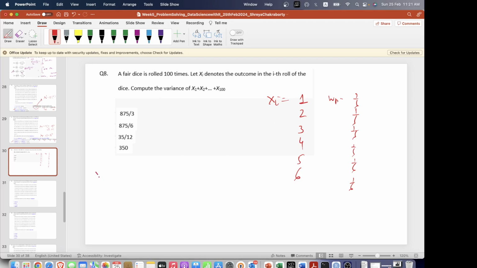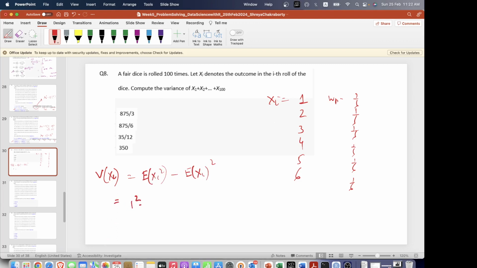Okay, so if I have to calculate variance of xi, it would be how much? Expectation of xi square minus expectation of xi whole square.